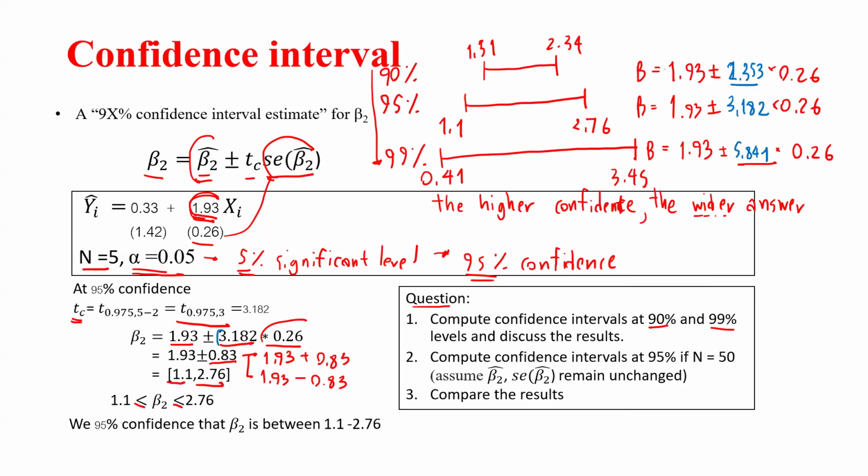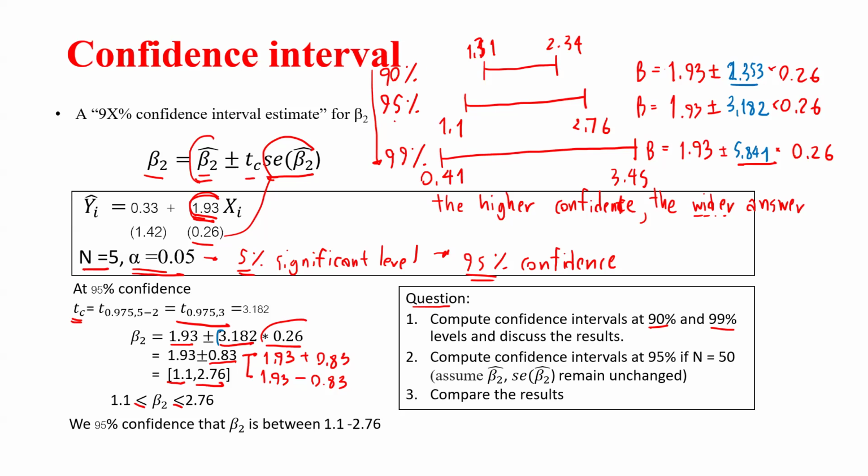Why? If we have less confidence, we get a very narrow answer, like just 1.31 to 2.34, very narrow.